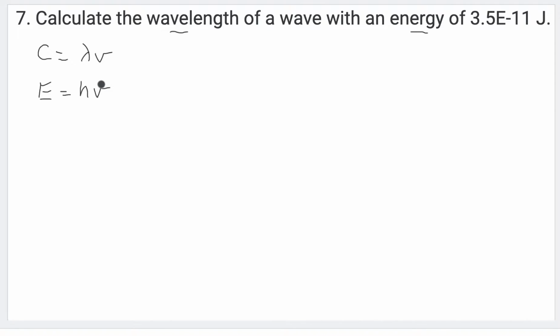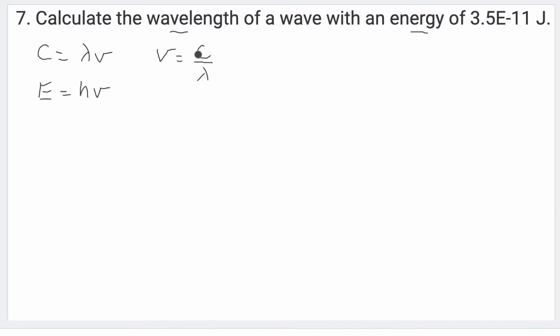All right, so what we can do is figure out what frequency equals in terms of the speed of light. We can rearrange this speed of light equation and get that the frequency is equal to the speed of light divided by the wavelength.